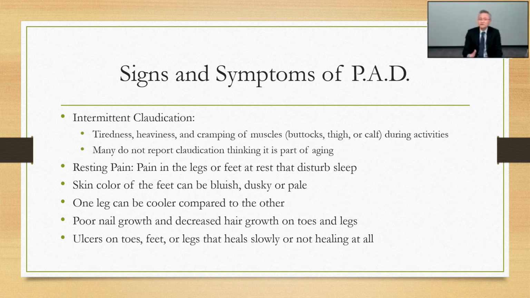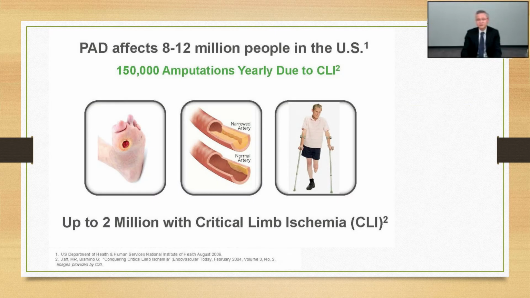The leg may feel cooler when you touch, and if you compare one limb to the opposite limb, one may be cooler. The nail bed may be dry and thickened, with poor nail growth. The affected limbs may lose hair. Those are the signs that PAD has become more severe.